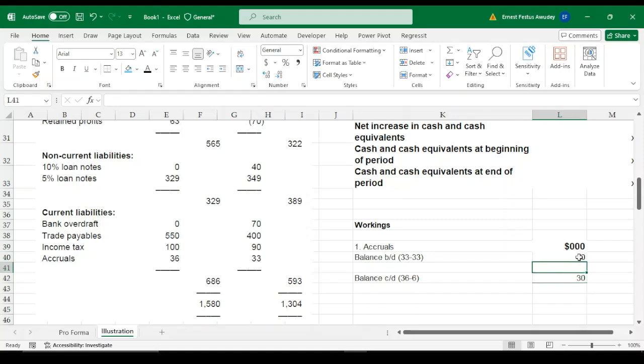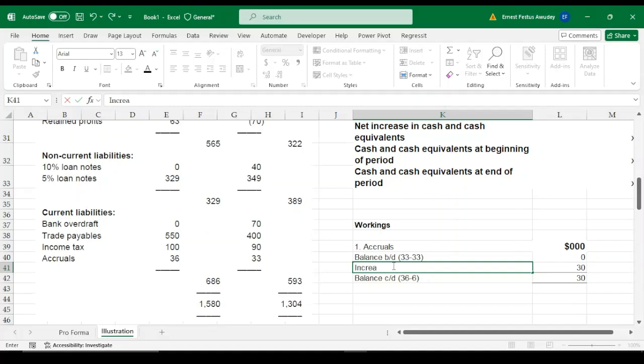If we had 0 at the beginning of the period and now at the end of the period we have 30, it means our accruals has increased by 30. So I'll just have my ending balance and subtract my opening balance, and that will give me 30. And this is our increase in accruals.